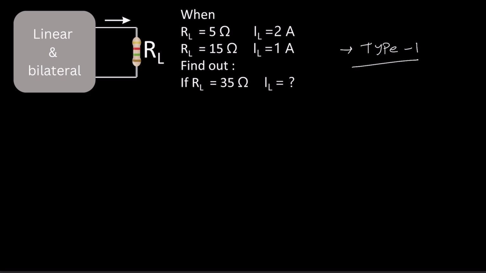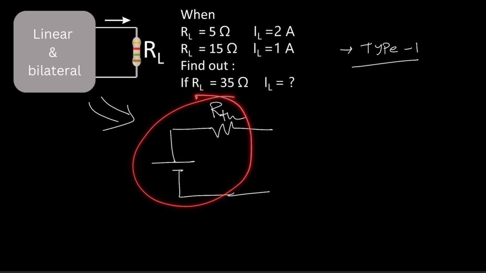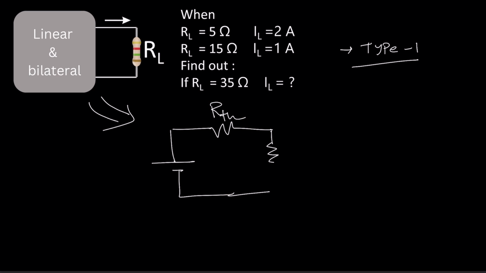As per Thevenin's theorem, we can simplify this circuit to a voltage source VTH and a resistance RTH in series. That means we can replace this linear and bilateral circuit with this one. Now just connect the load resistance. Then this will be like this.